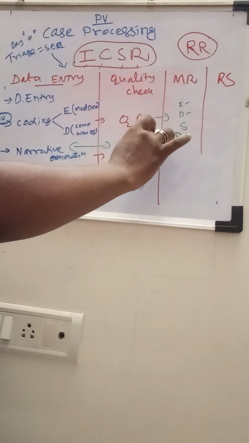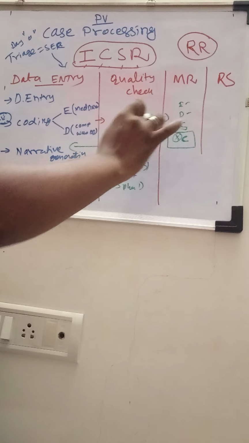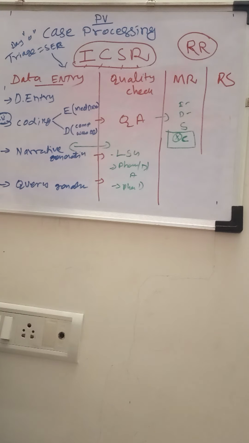As I said before, the patient could have taken many drugs or medicines, and he or she might have experienced many adverse drug reactions. So in this particular case, which medicine caused which event, whether there is an association between the medicine and the event, would be confirmed by this department.